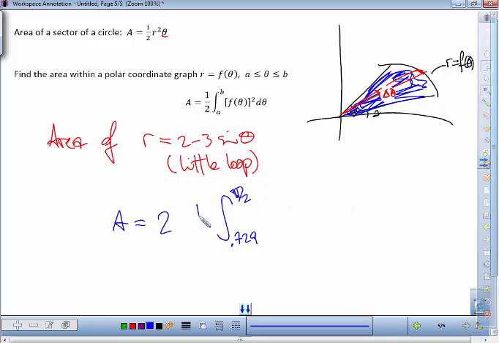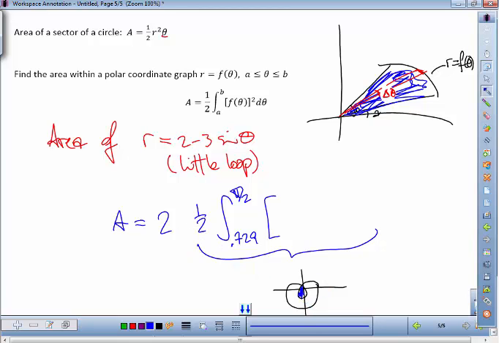And then the formula says we need a 1/2 out in front, because we're going to just find the area of half of it. So this little part is just going to get half of it, and then we'll just multiply it by 2. That doesn't look like half, does it? That'll work.